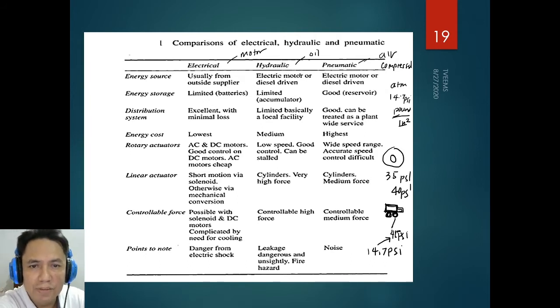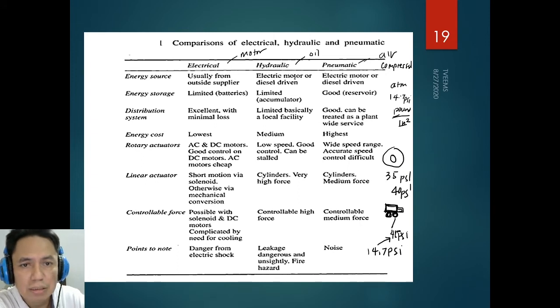An example of hydraulic is in earth moving machines like bulldozers or backhoes, or so many machines like stamping machines and forming machines and many more. So here, as you can compare with respect to forces, I think we're going to discuss later the capability of each drive system.